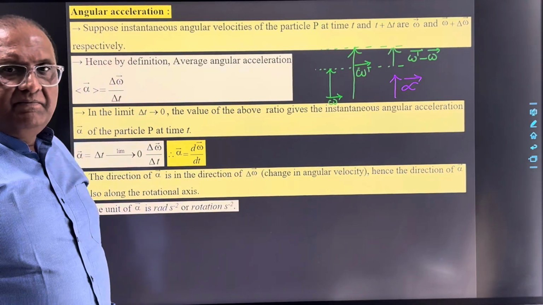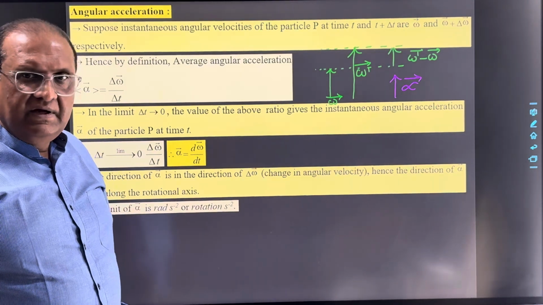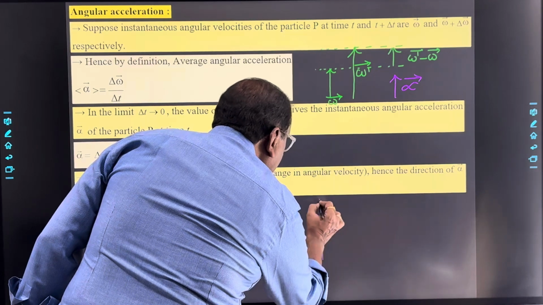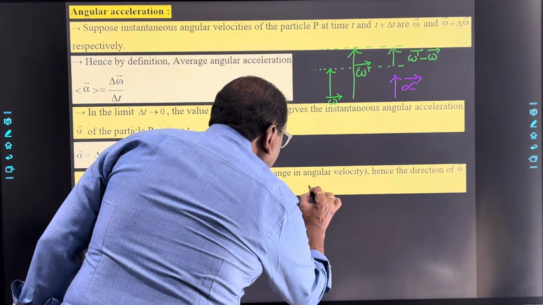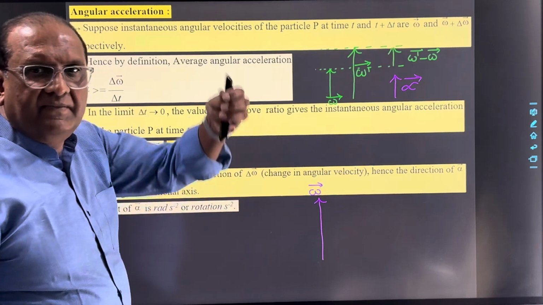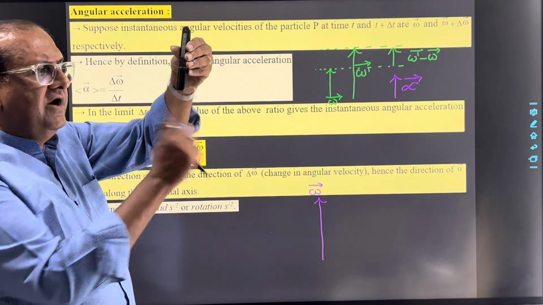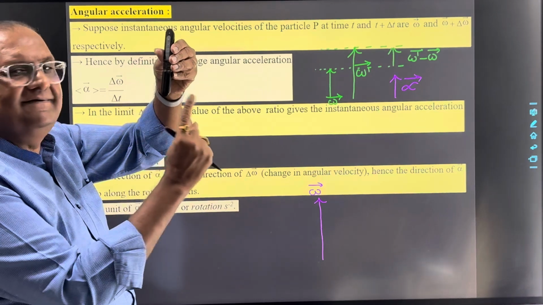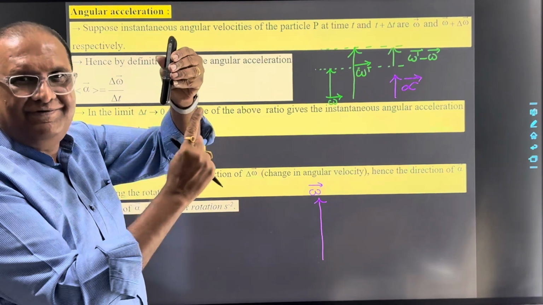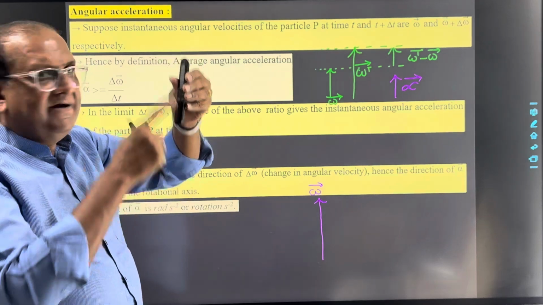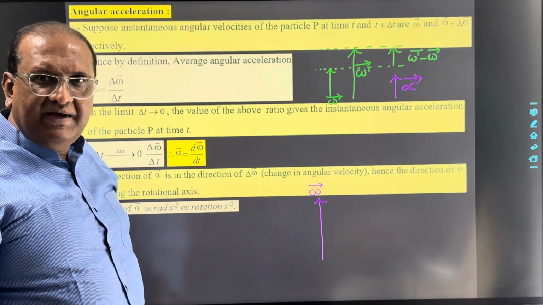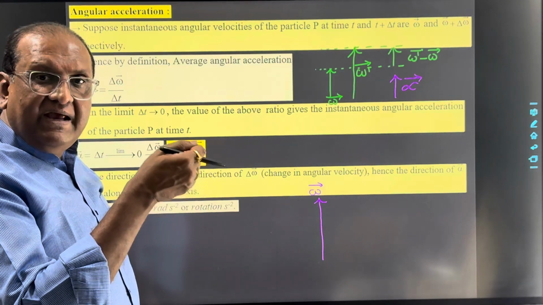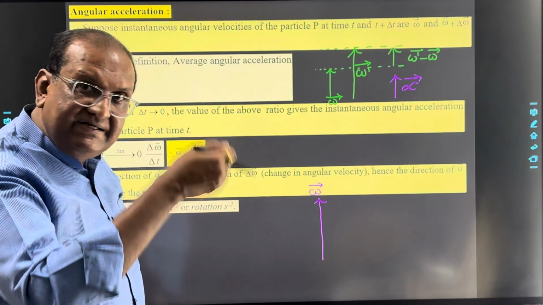Okay, but now think opposite. Suppose this one is your omega. Again, the body is rotating like this, but then after like this, meaning it slows down. The direction will remain the same for omega, but when it slows down, the magnitude of the angular velocity decreases.